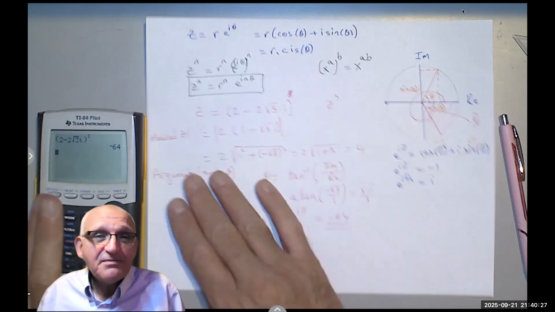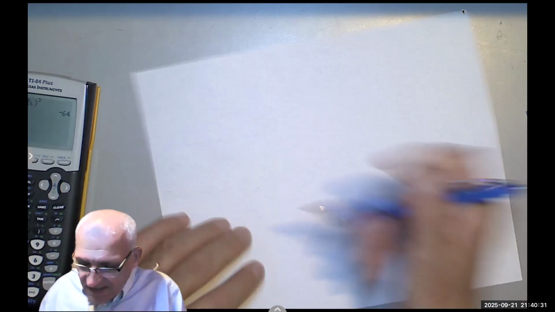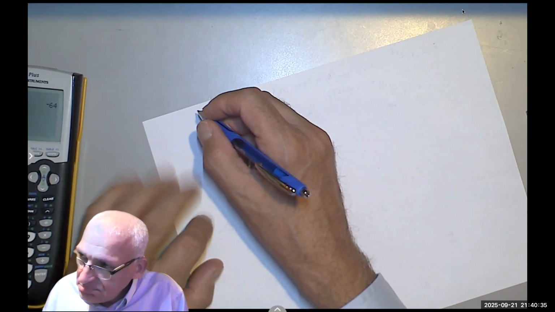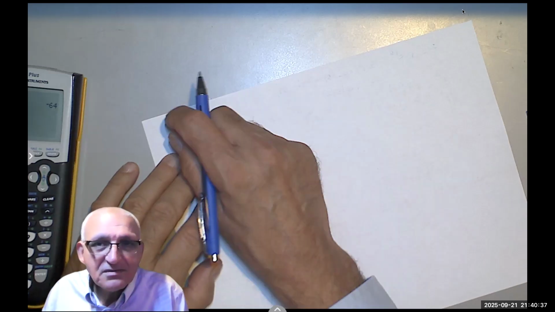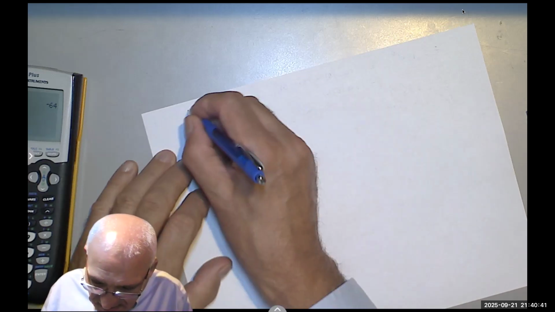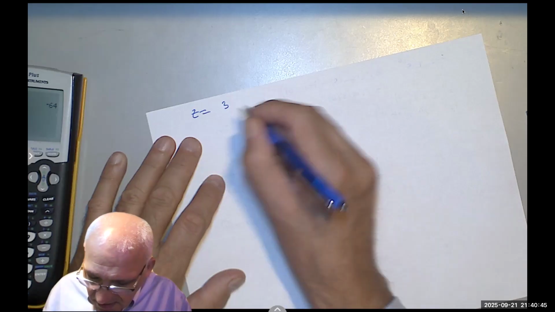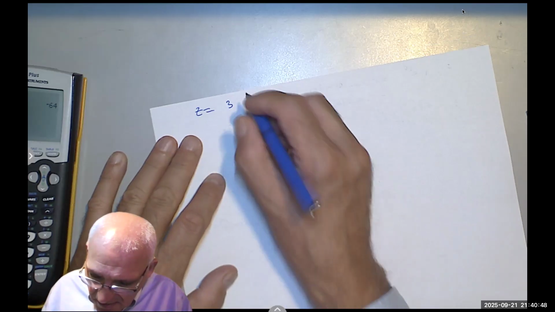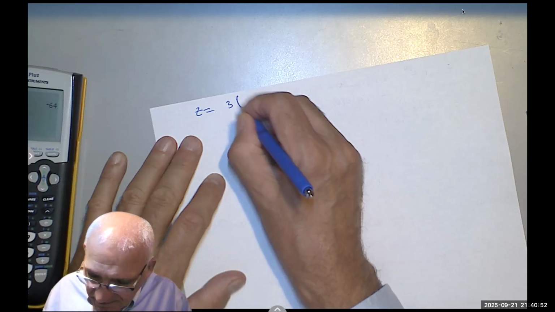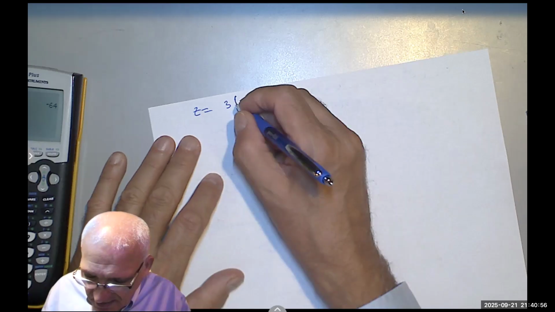Let's take another example. This time, let's make a root. Let's say z equals 3 times... I really don't care.